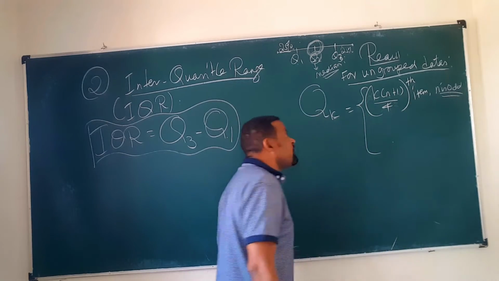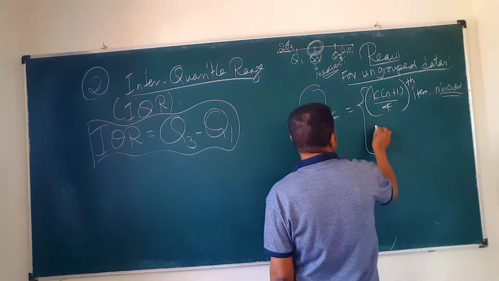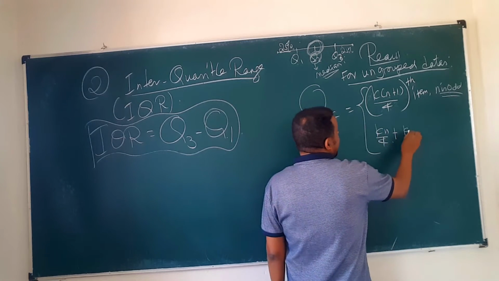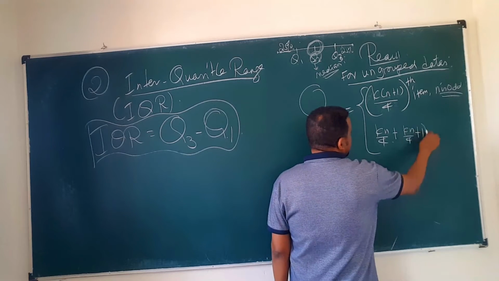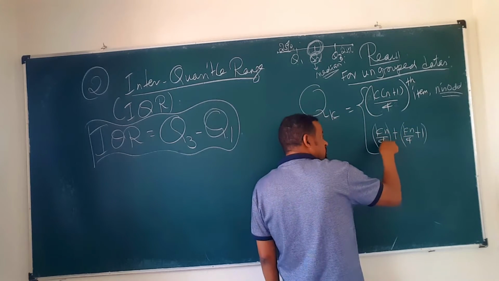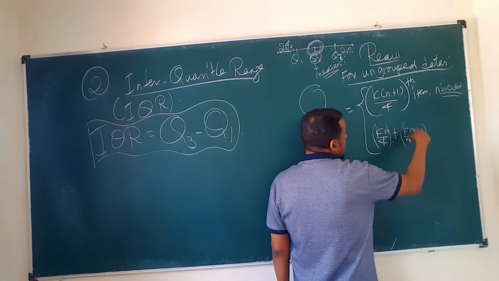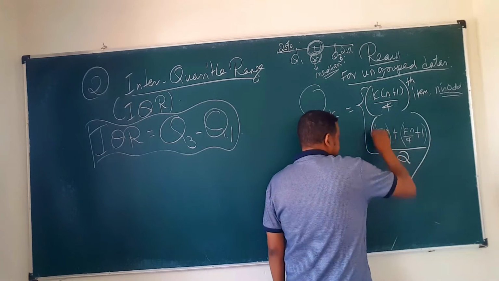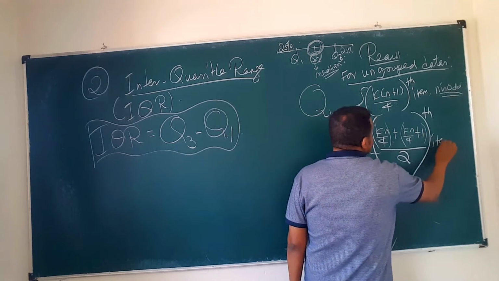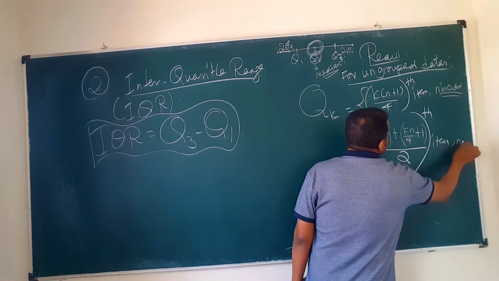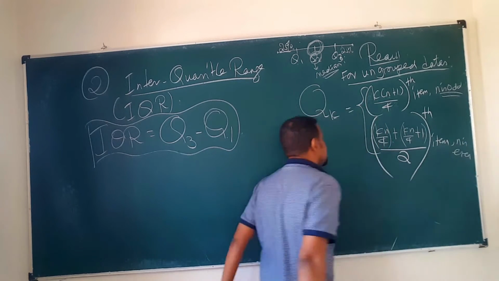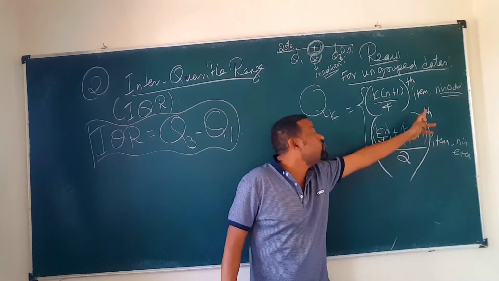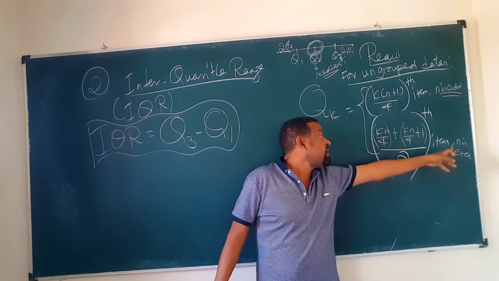When the number of data is even, in that case you do this: kn over 4, plus kn over 4 plus 1, first you calculate kn over 4, plus kn over 4 plus 1, and then divide it by 2, and this is the item where n is even. That means the case quartile is (kn over 4 plus kn over 4 plus 1) over 2 th item where n is even.